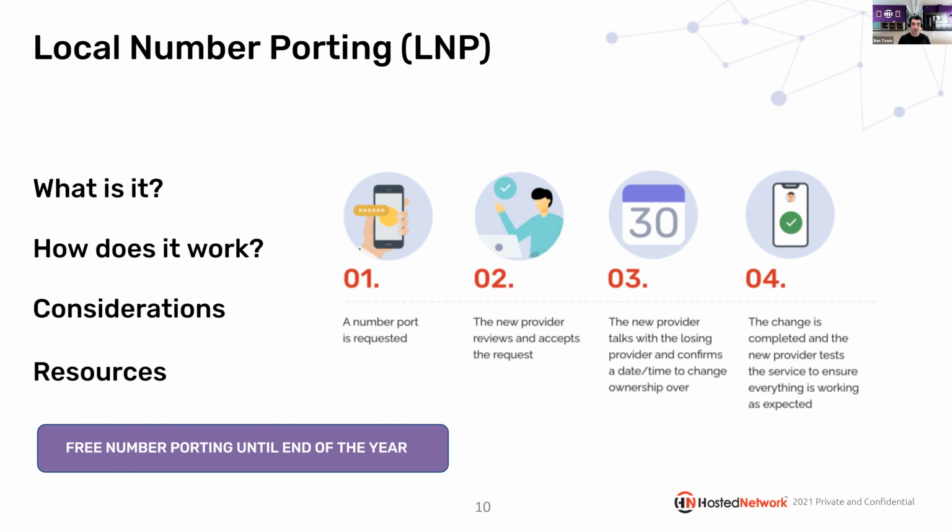We usually say 30 to 60 days, but I have seen worst cases when we're doing thousands of numbers for something like a school with old school ISDN services, old school analog port forwards and forwarding calls and all sorts of things. The worst case I've seen is a year. I've only ever seen that a few times, but it's pretty rare.